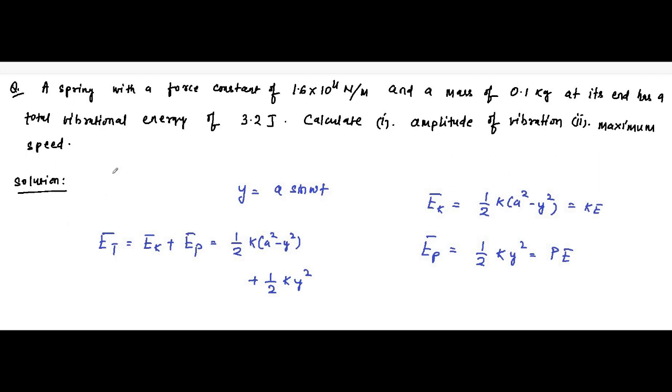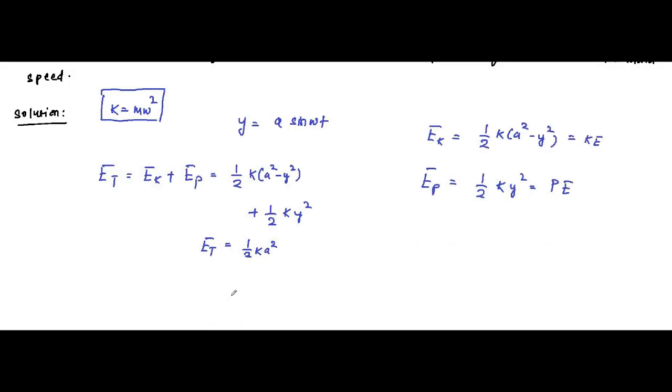Here the force constant k is given by mω², where m is the mass and ω is the angular frequency. That will be equal to 1/2 k A². That is the total energy, which is constant throughout the whole SHM motion.